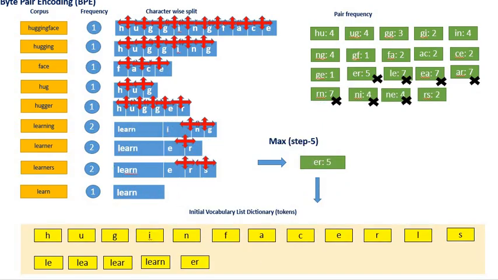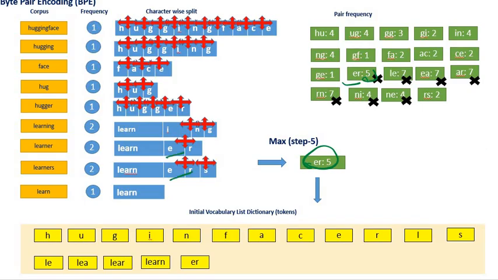So similarly, ER, right? If you see, ER has the maximum out of this, which is actually 5. So I can sort it out from here. ER, so twice.